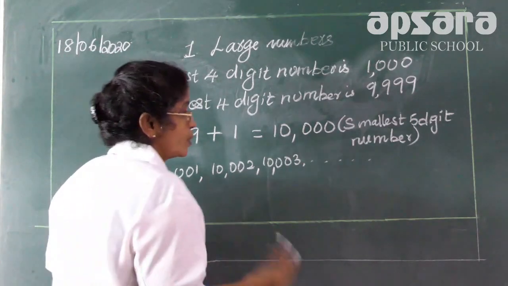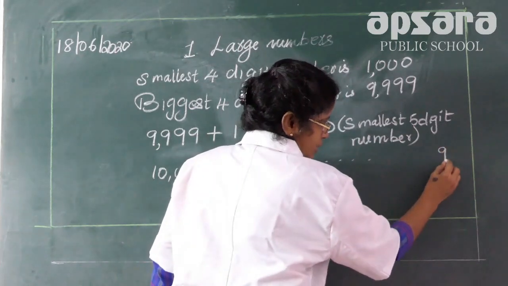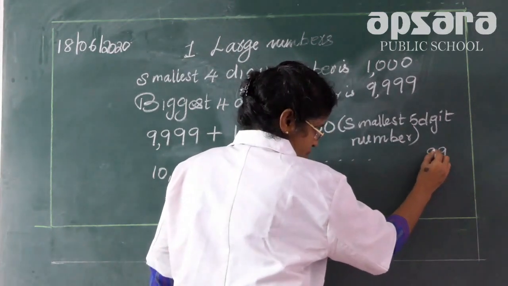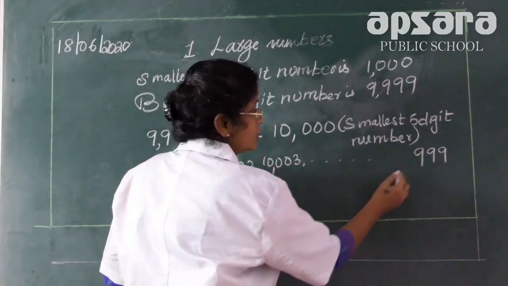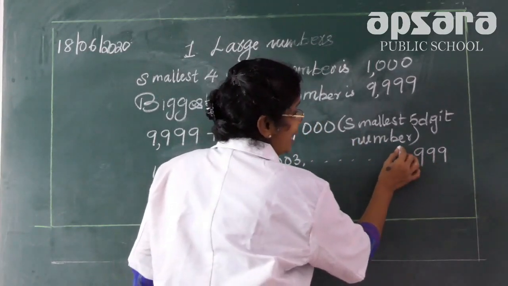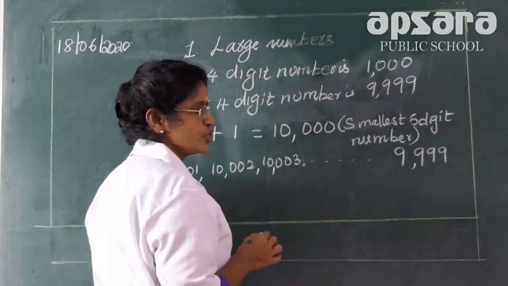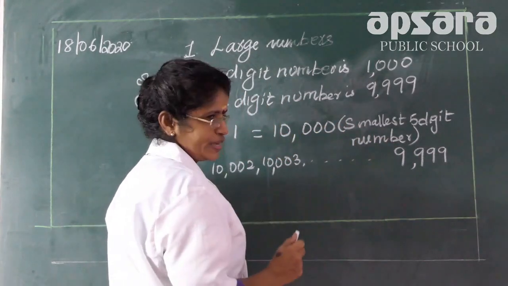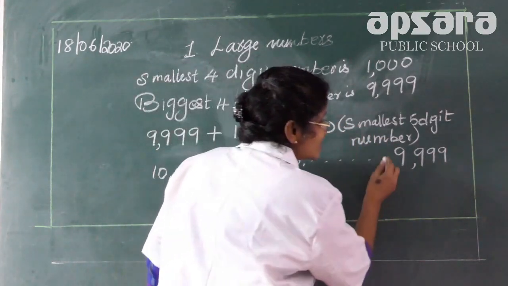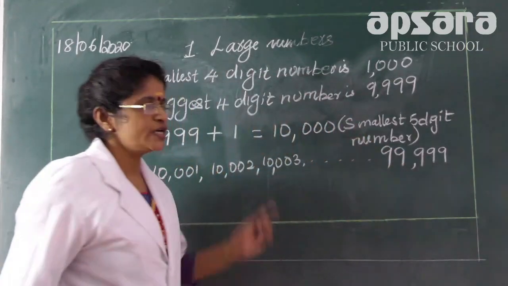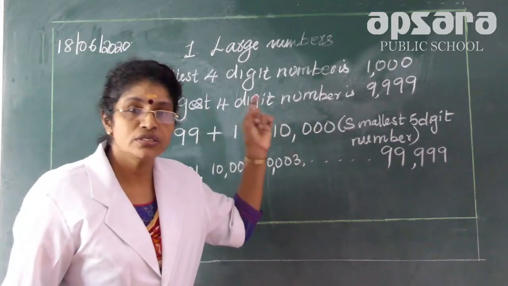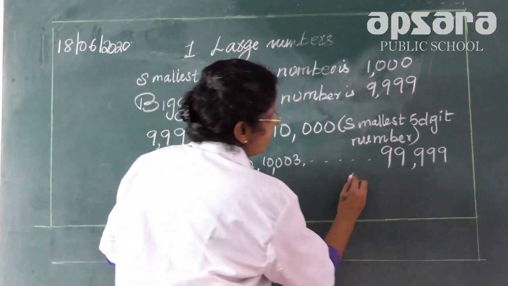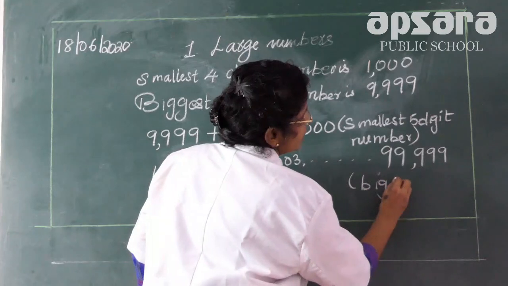What's it? 9? No. 99? No. 999? Not at all. Then 9,999? No. This is the biggest 4-digit number. So what's it? Yes. It is 99,999. This is the biggest 5-digit number.